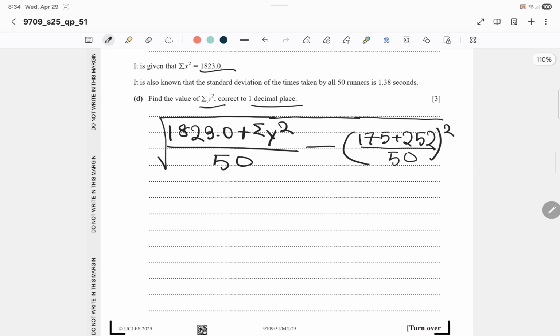Now this whole value equals your 1.38. Now you just have to solve this, and you should get the value of 1918.8 to one decimal place. That's why it's like this, right?